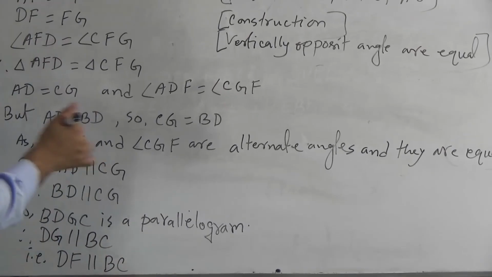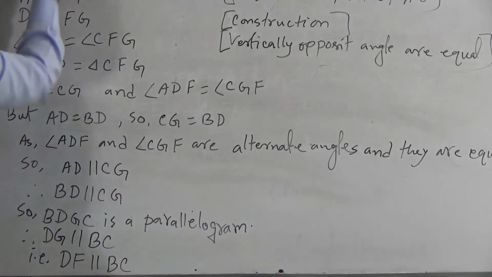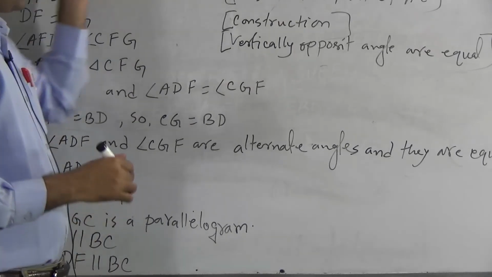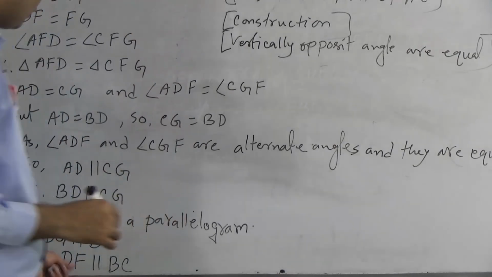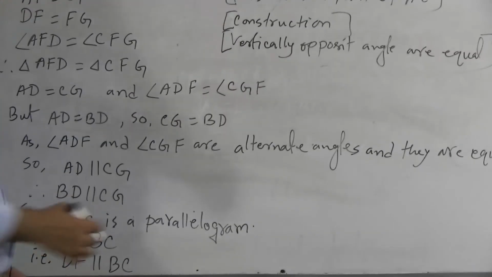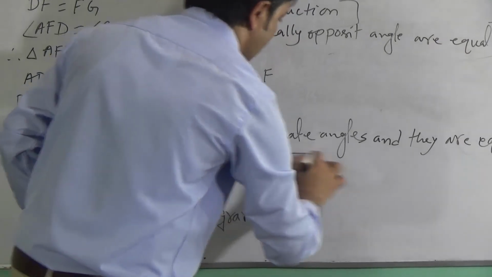Dear students, what we need to prove? We need to prove DF is parallel to BC and the other part is DF is equal to half of BC. Now we have proved DF is parallel to BC. Now we need to prove DF is equal to half of BC.